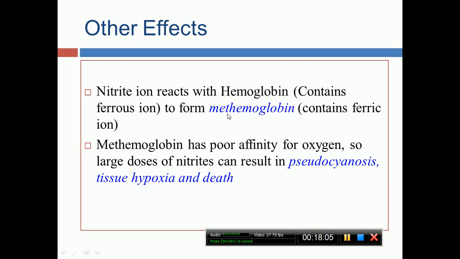So it will form methemoglobin, which contains ferric ion. So ferric ion has a poor affinity to bind with oxygen. So larger doses of nitrites can result in pseudocyanosis, tissue hypoxia, and may cause death.